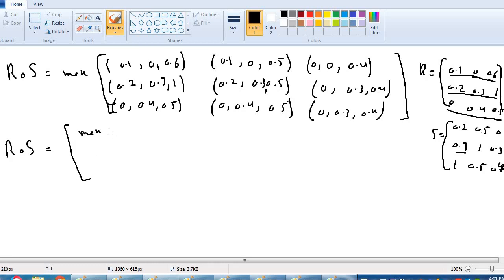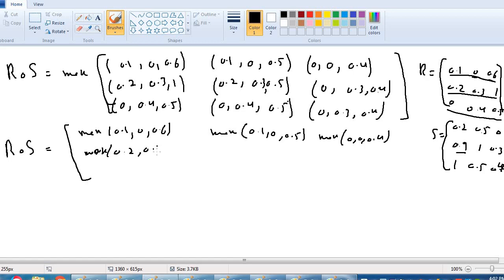So it is the max of 0.1, 0, 0.6, then the max of 0.1, 0 and 0.5, then the max of 0, 0, 0.4. Then the maximum value of 0.2, 0.3 and 1, then the max of 0.2, 0.3, 0.5, then the maximum value of 0, 0.3, 0.4.